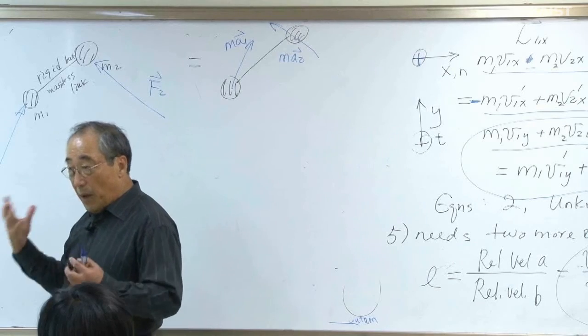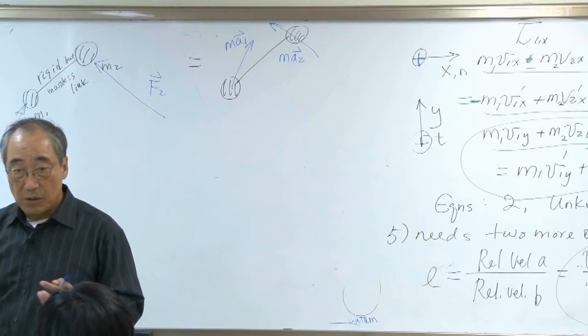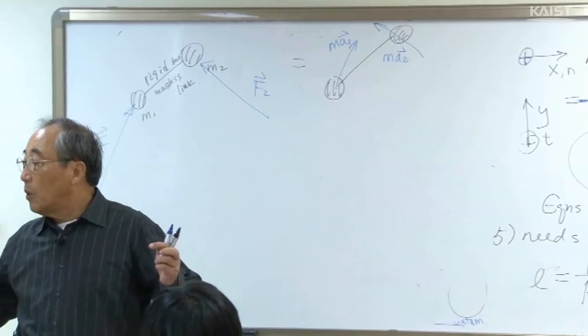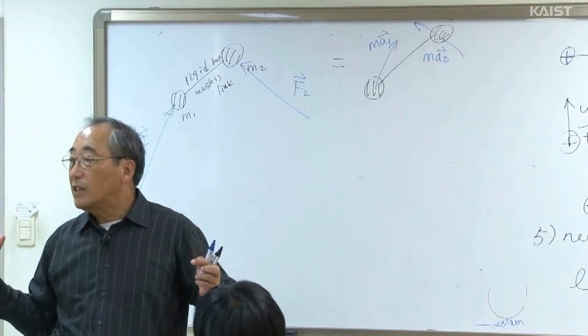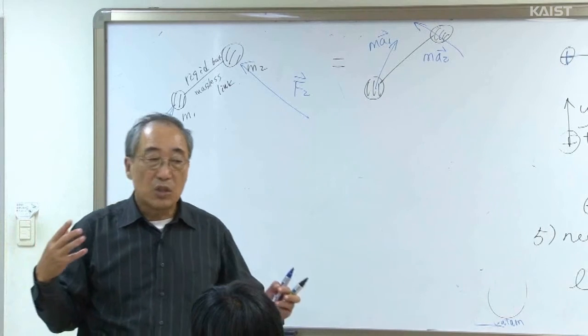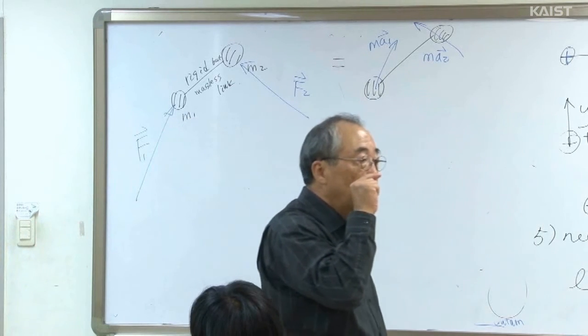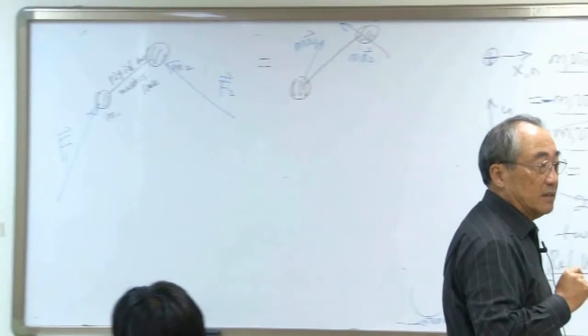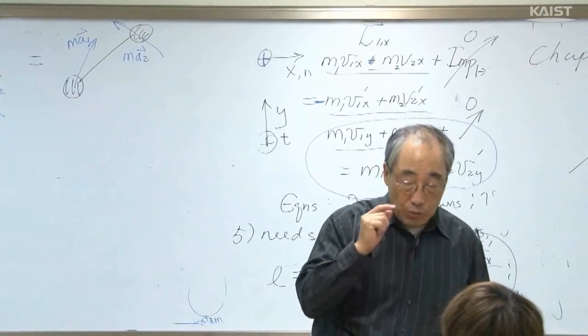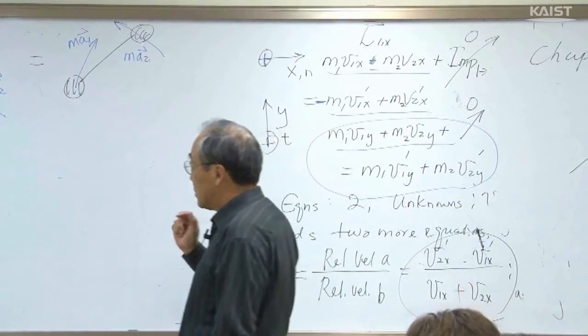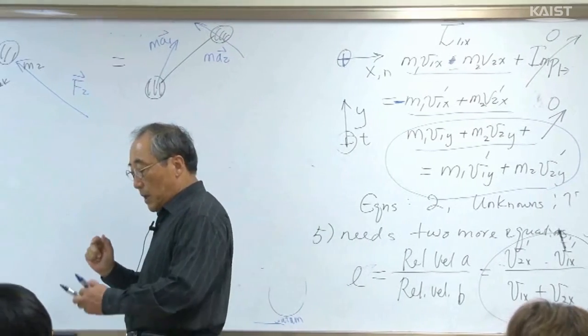right? In the momentum case, we said the momentum of the whole system already. But we didn't say anything about Newton's second law for many particles. That's important. So we have to apply Newton's second law for each particle.